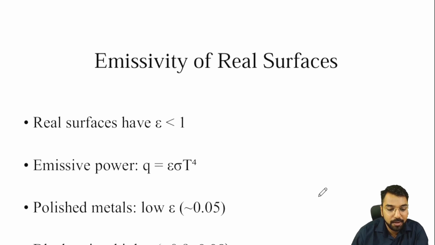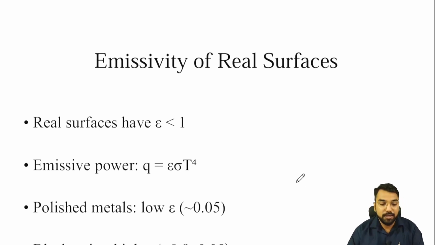Next, the emissivity of real surfaces and gray surfaces, because in the real world the black body is an ideal concept. We use the concept of black body to analyze radiation problems effectively and in a simple way.